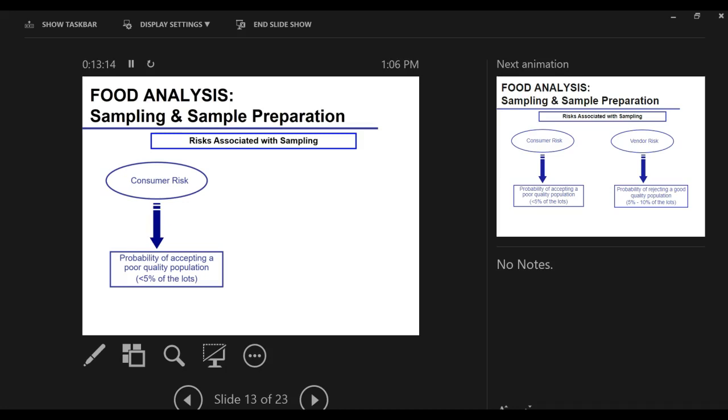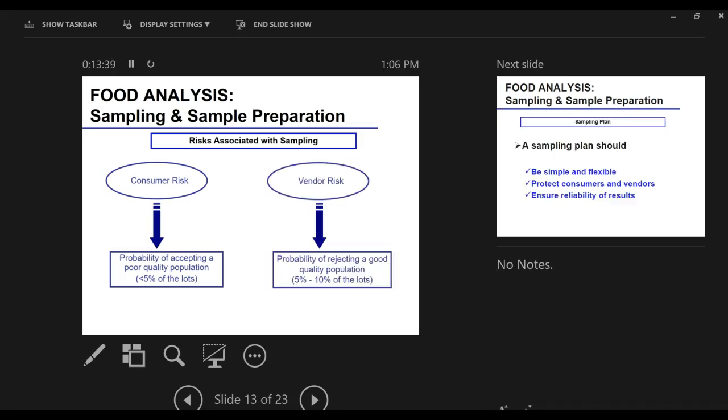But most importantly, it's related to health. You do not want to accept a lot that might have high implications for the consumer. So when you make a decision, you want to make sure that the consumer risk is less than 5%, less than 5% chance of accepting a poor quality population.